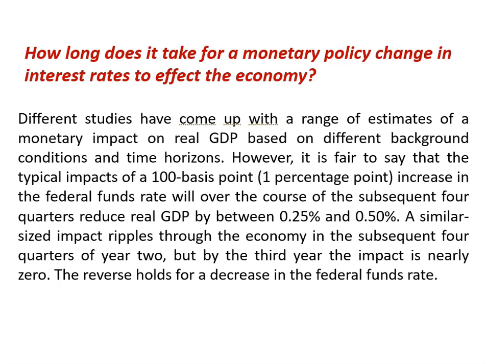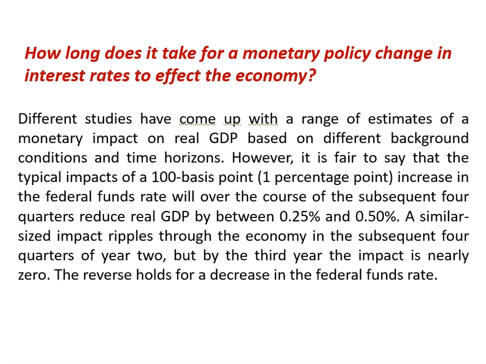Of course, the question of the pass-through effect is important, but another related question is, how long does it take for a monetary policy change in interest rates to affect the economy? Different studies have come up with a range of estimates of a monetary impact on real GDP, based on different background conditions and time horizons.